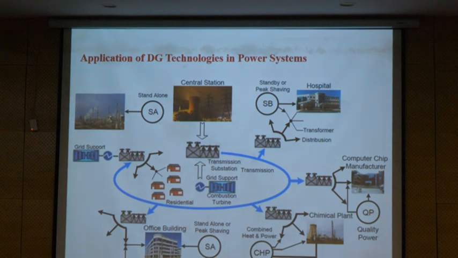Some sensitive loads that need high power quality can use this technology, because if you have a radar and there is a little disturbance that changes the signal we are sending to the pilot, it makes a big problem.